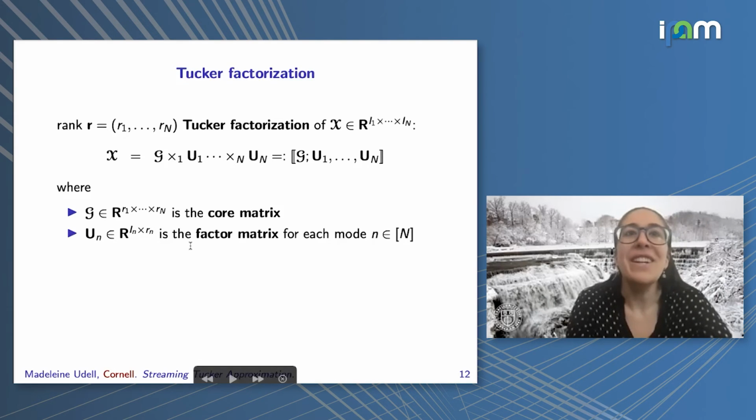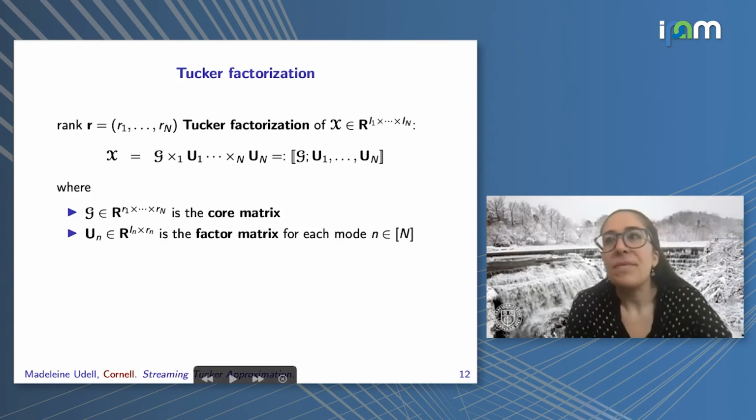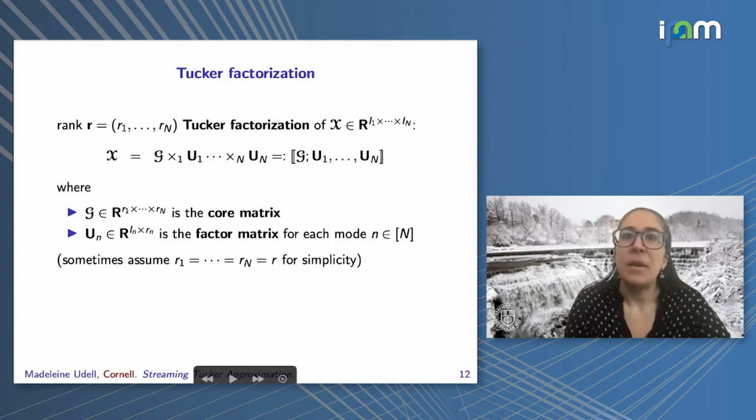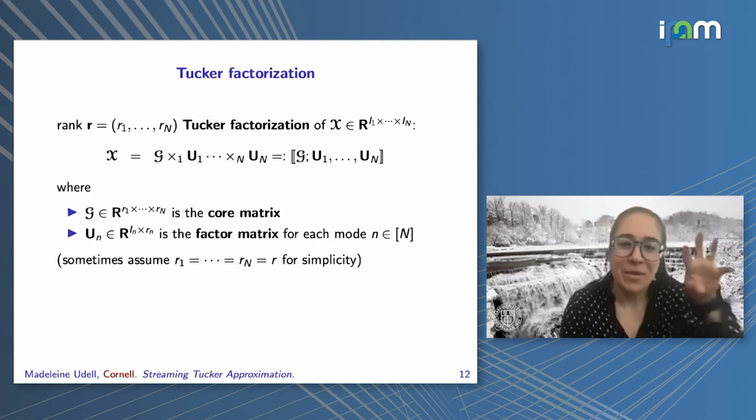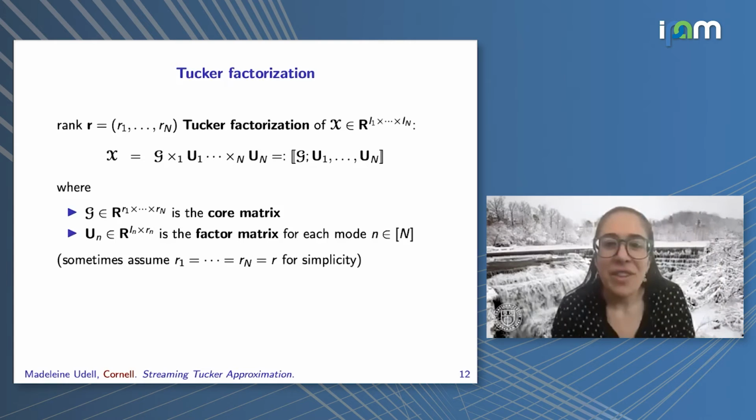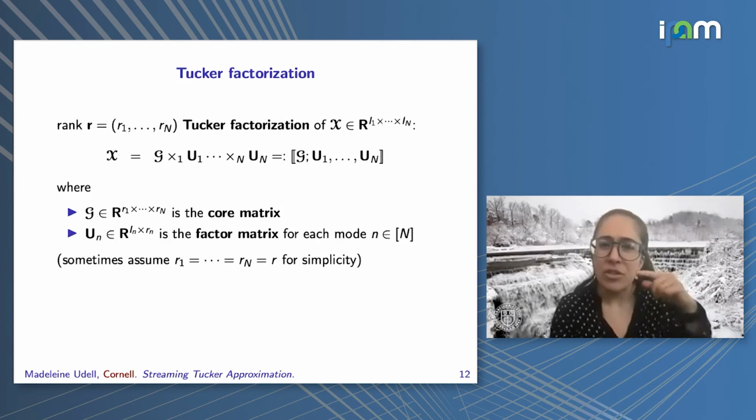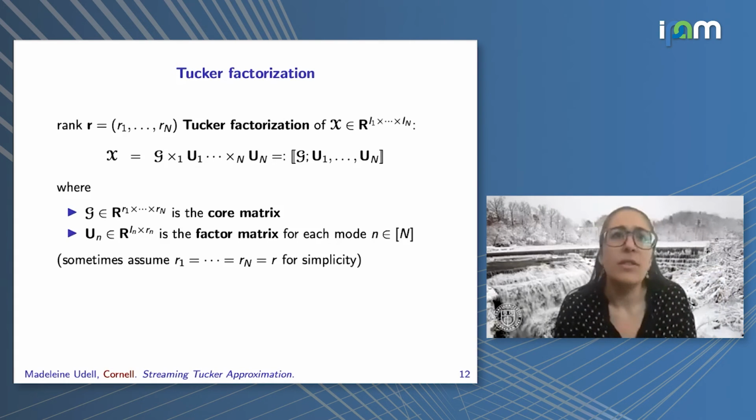You can think about it as a sum of rank 1 tensors, a sum over each entry in this core tensor. Again, I'm sometimes going to assume that we've got the same dimension along each mode of the core tensor.